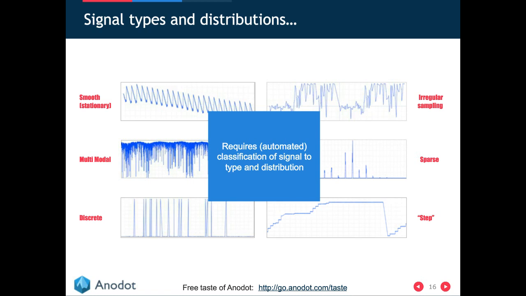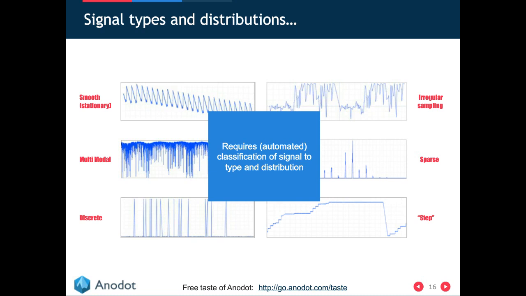Because if you don't use the right distribution, whatever you're going to do afterwards is going to be a poor model, either produce a lot of false positives or be useless and not detect anything. So I can tell you that the model that fits the smooth or stationary signals will not fit the multimodal signals that you see here.